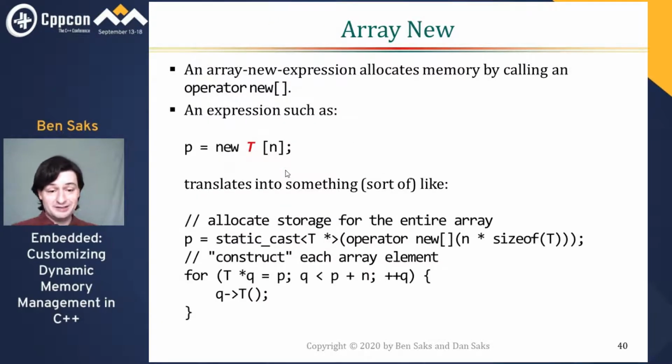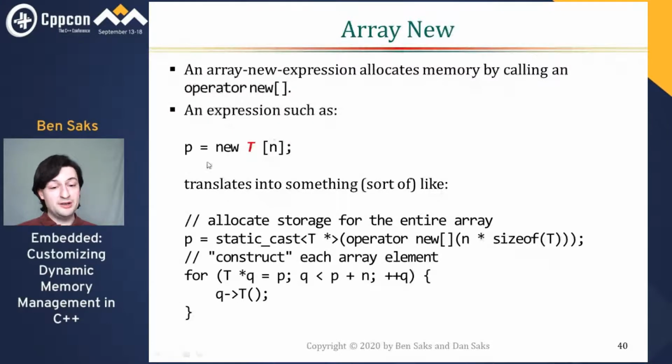So operator new and operator delete are actually not used when you allocate arrays like this. There's a separate function, operator new[], and a corresponding operator delete[] that get called in this case instead.